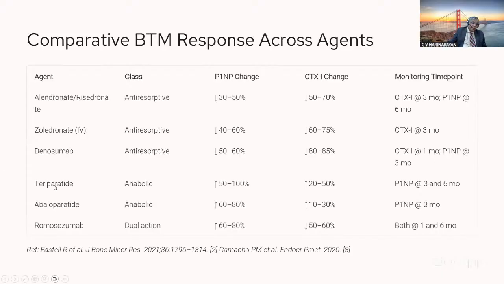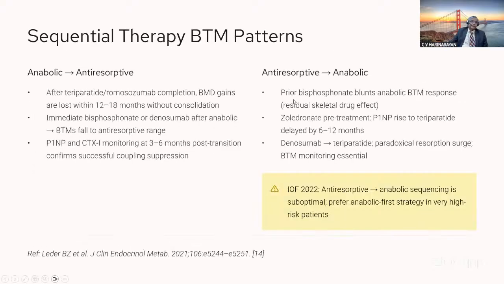Here, teriparatide is an anabolic agent, and abaloparatide is a PTH-related peptide. Romosozumab is a sclerostin inhibitor, which has dual action. Here you find the markers of formation rise immediately, at the third and 6 month, and CTX also rises because some amount of resorption is required for the bone to form.